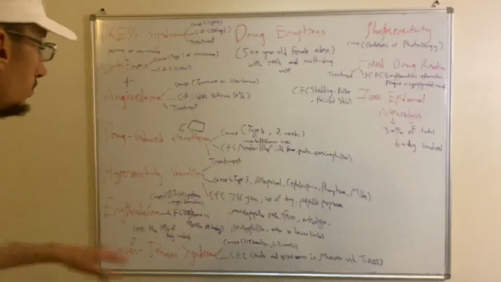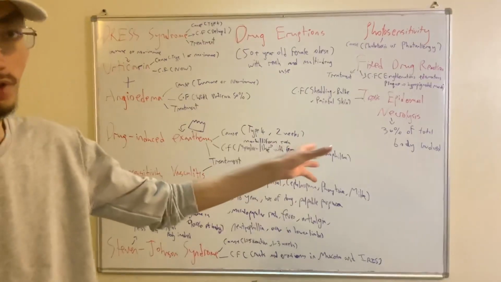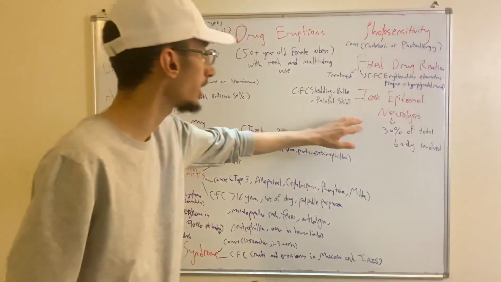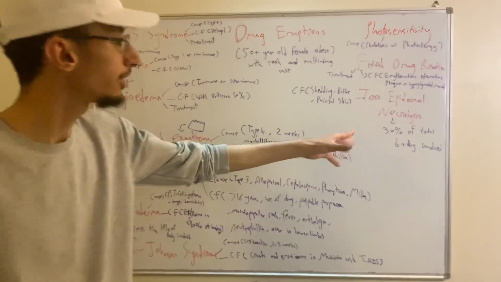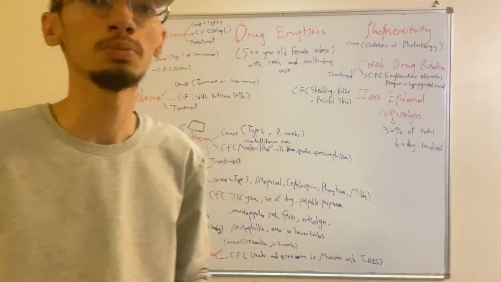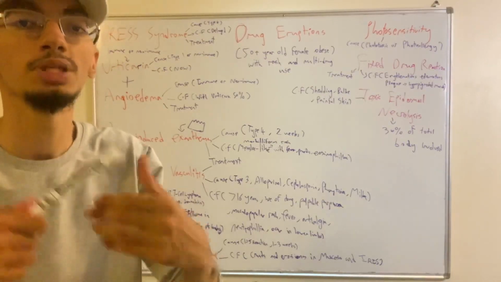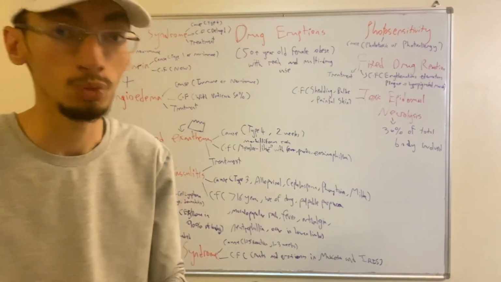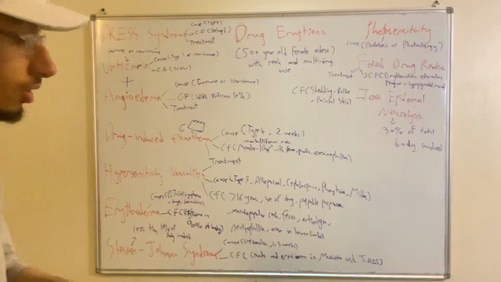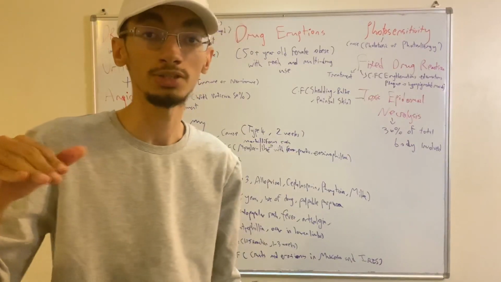Okay? Now, what if I told you that we have a case that's similar, but this time it involves more than 30% of the total body surface area, meaning skin lesions will be appearing there as well. So if you look at it as a spectrum, Stevens-Johnson syndrome involves less than 10% of the total body surface area.